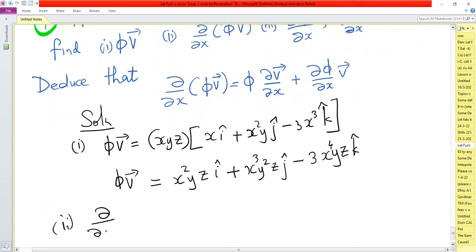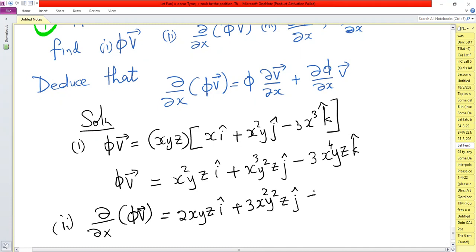So partial x of phi v is equal to, when you differentiate with respect to x, you get 2xyz i, 3x squared y squared z j, and minus 12 x power 3 yz k.